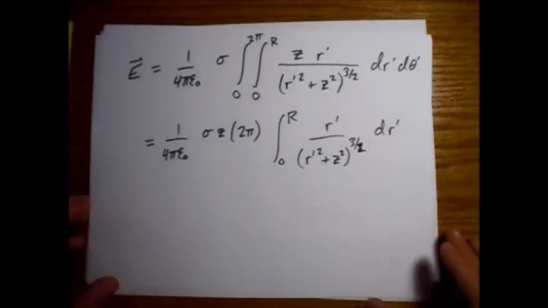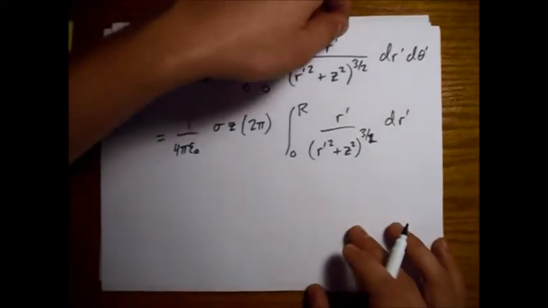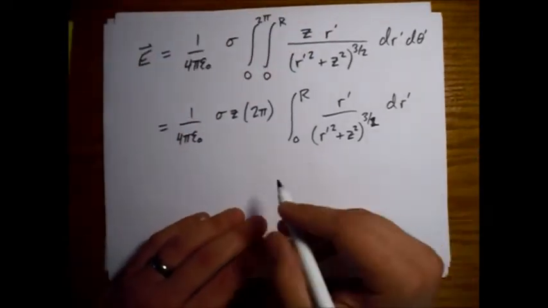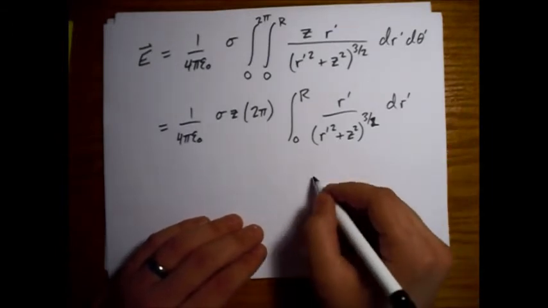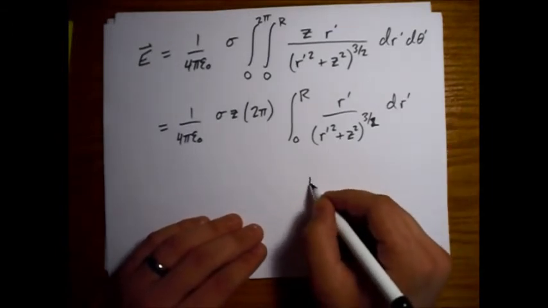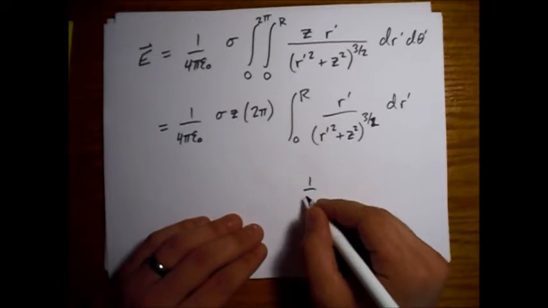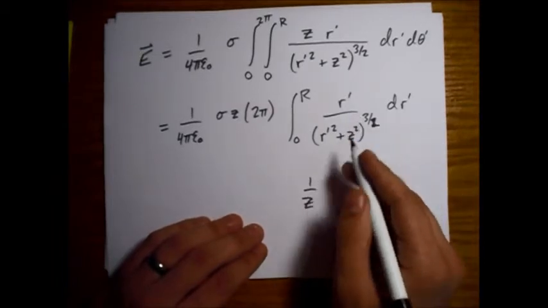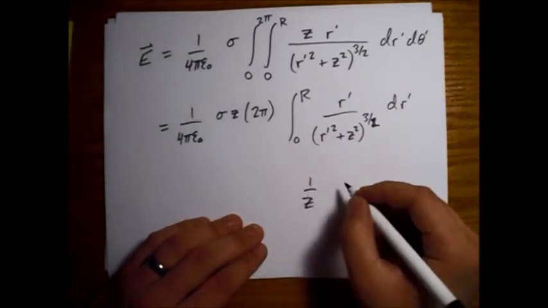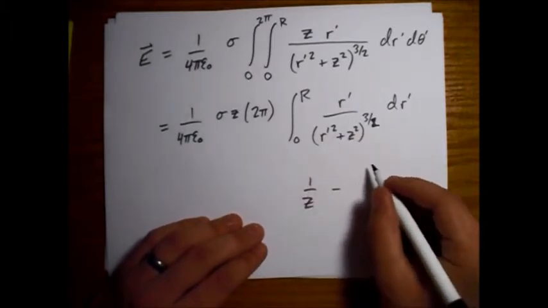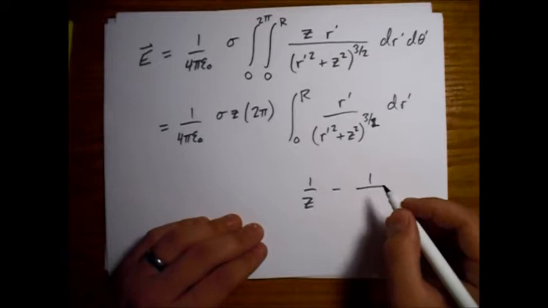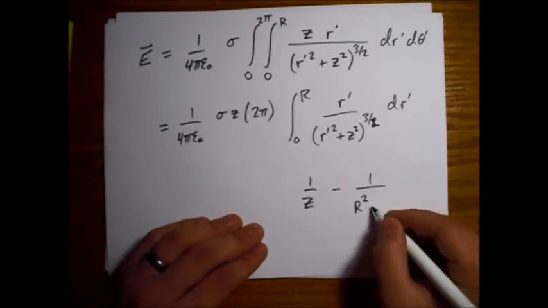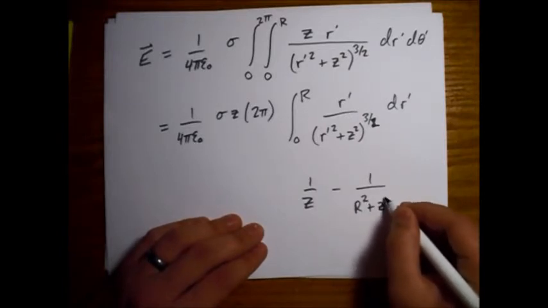All right, now we've already done this integral in problem 2.3. It's just a u substitution. What we get is a 1 over z, and then a minus 1 over the square root of r squared plus z squared.